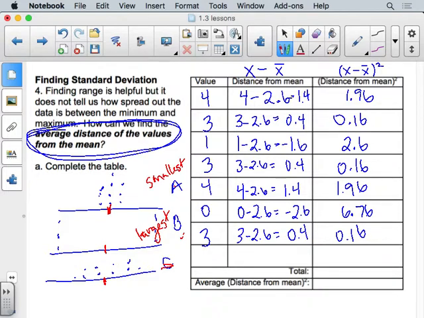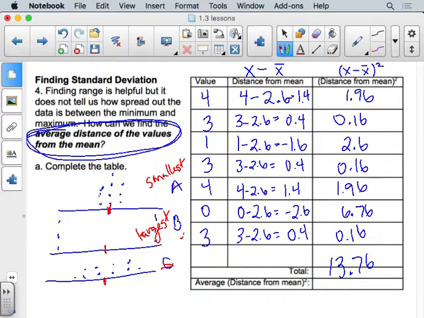Can someone add up all of those terms and get our total? 13.76. Okay, sounds reasonable. Anyone else who's doing it, can just confirm unless you get something different. Okay, so 13.76.